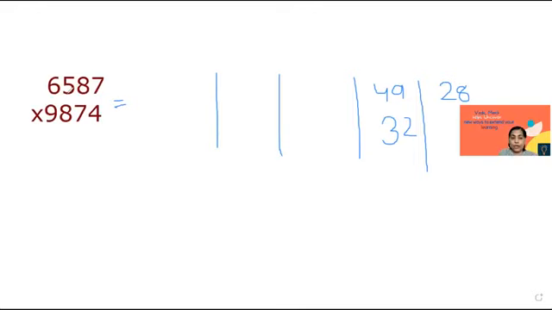Now see here what we are doing. As we did in 3-digit multiplication, we'll multiply 5 with 4, we'll multiply 8 with 7, and then again we'll multiply 8 with 7. So 5 fours are 20. Then we have 8 sevens are 56, and again 8 sevens are 56. So twice we'll write 56 here. Till here it's clear? Yes.